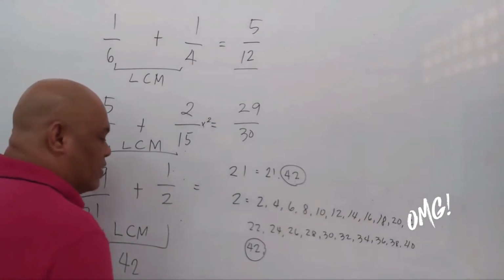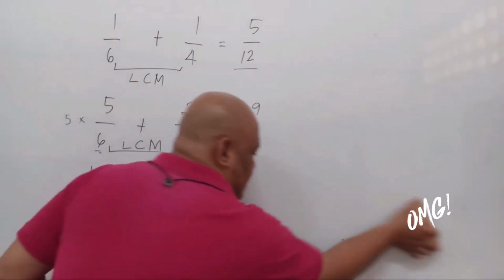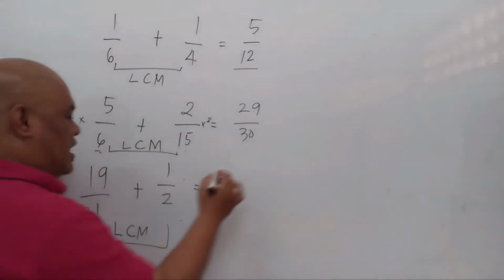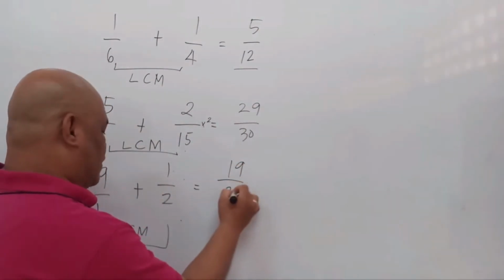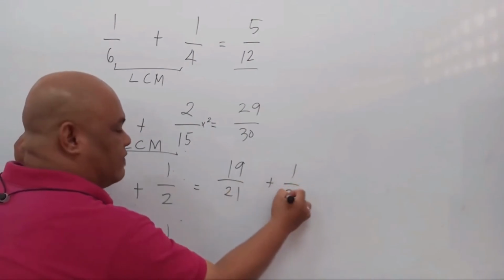So now, we can add these numbers. 19 over 21 plus 1 half.